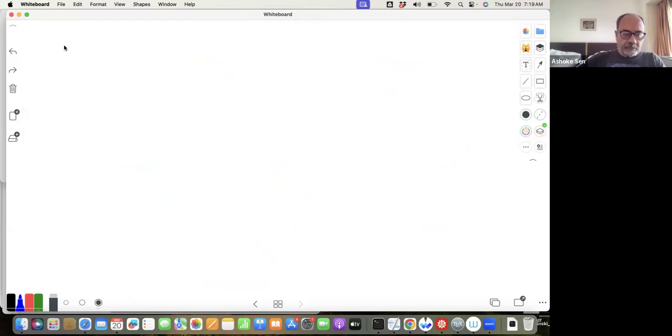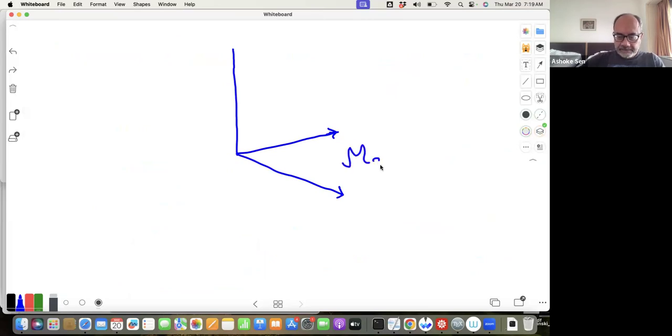Suppose, this will be needed anyway, so let me do this. Let's draw, let's pretend that the moduli space is two-dimensional, because that's the best I can draw. So this is the MGMN, this is y alpha.